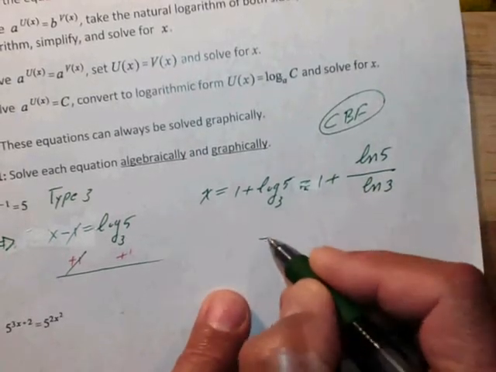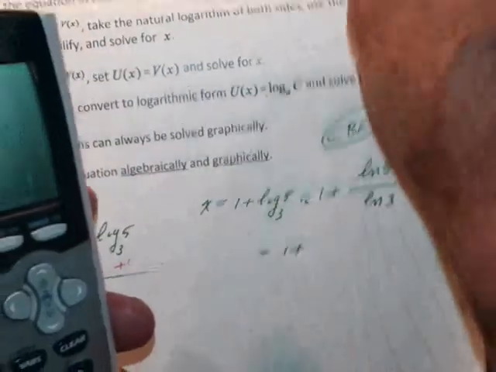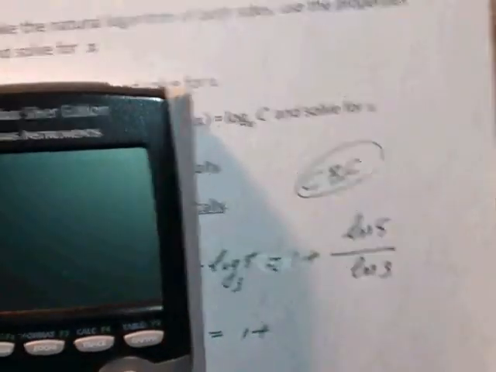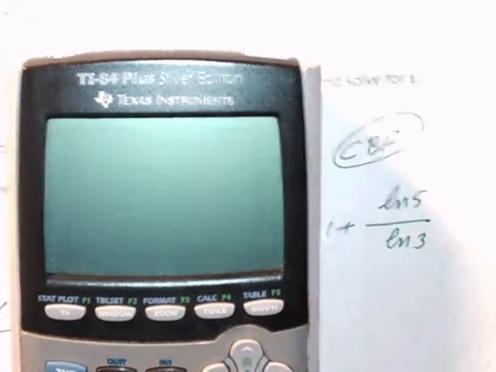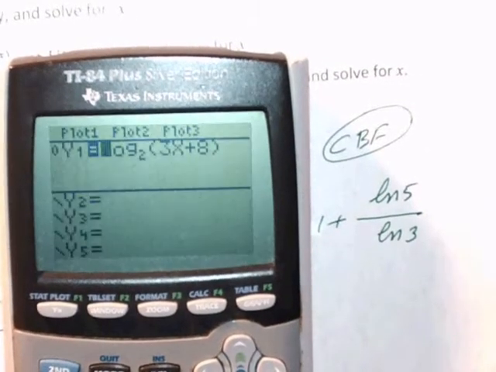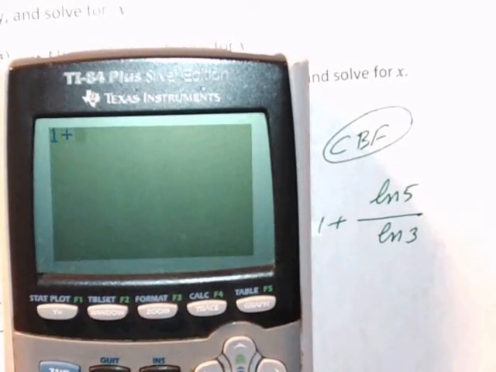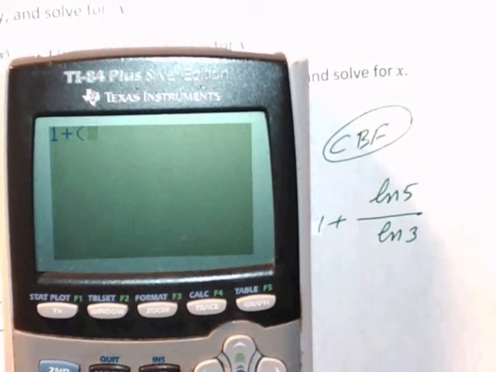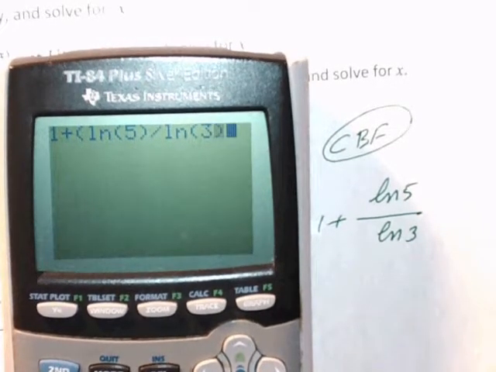But if you put it in your calculator, 1 plus, parentheses, ln of 5 divided by ln of 3, then close the whole parentheses.